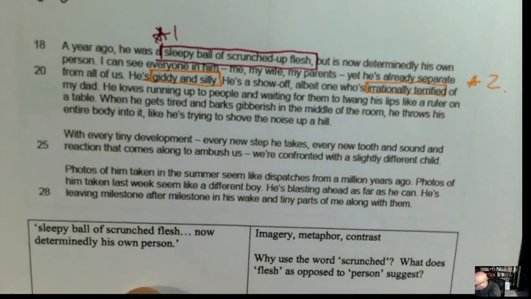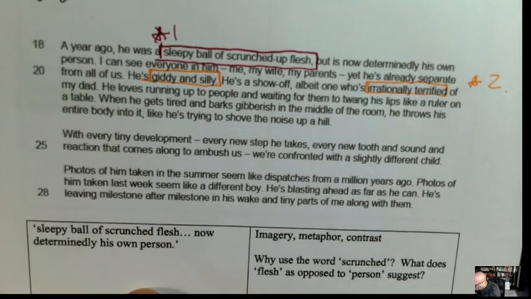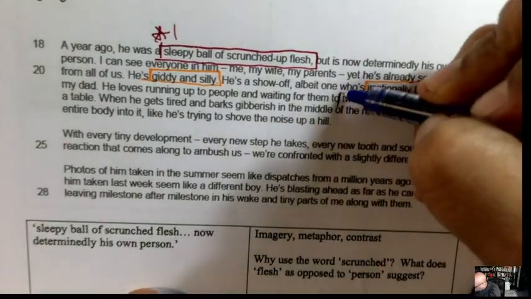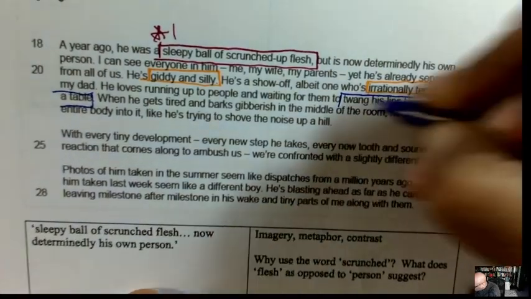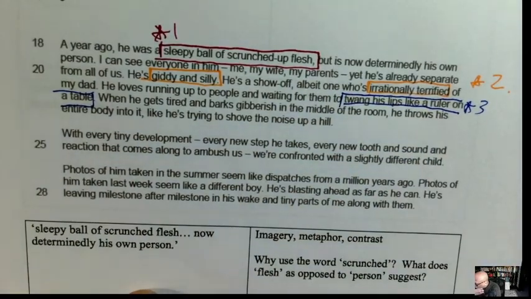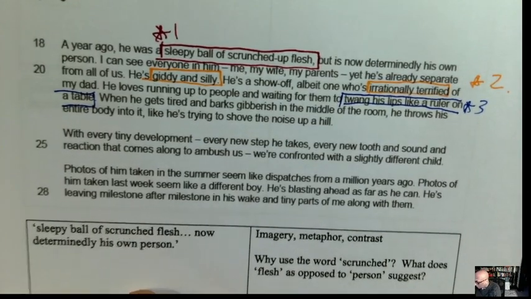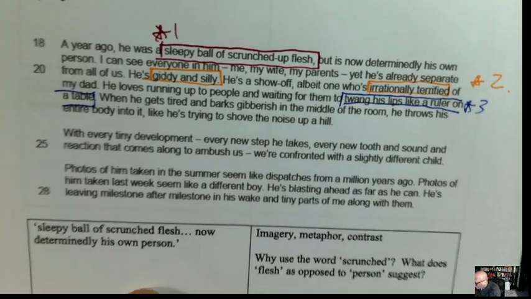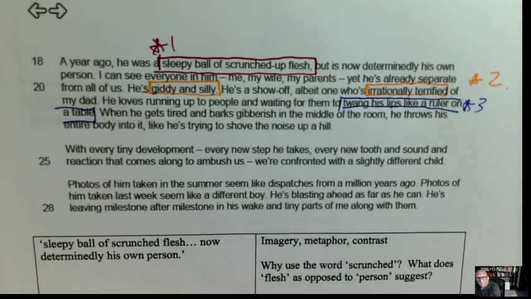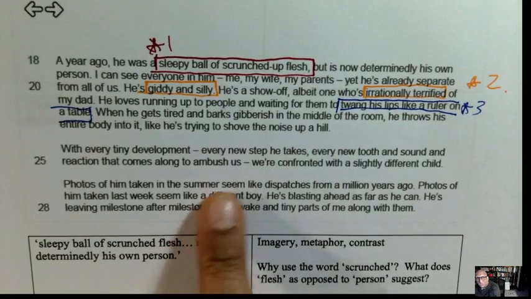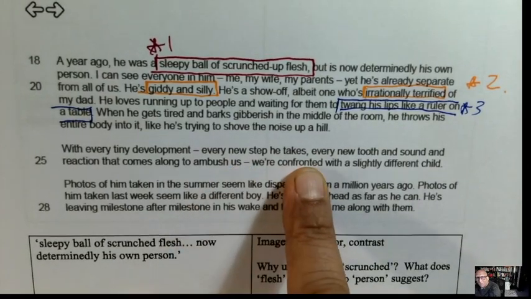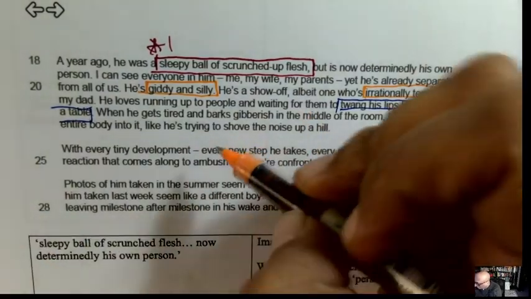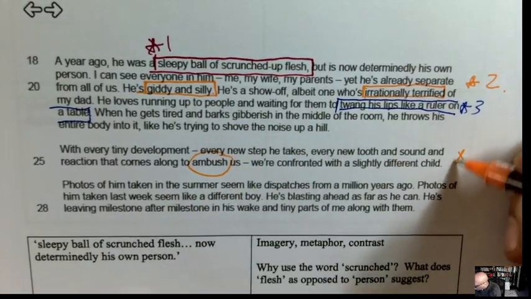He loves running up to people, waiting for them to twang his lips like a ruler on a table. When he gets tired and barks gibberish in the middle of the room, he throws his entire body into it like he's trying to shove the noise up a hill. With every tiny development, every new step he takes, every new tooth and sound and reaction that comes along to ambush us, we're confronted with a slightly different child. Ambush.